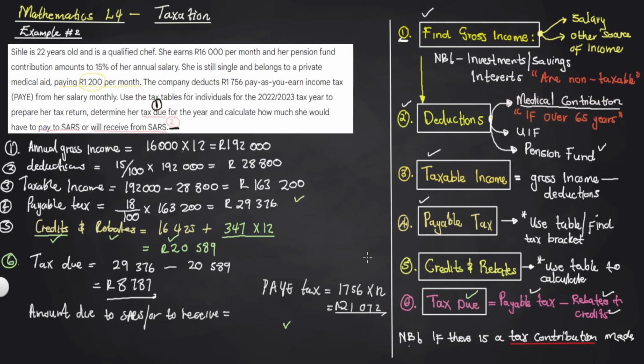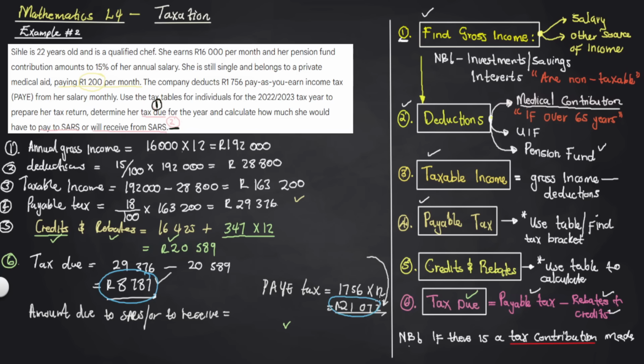So the tax she already paid is this much, through her company to SARS. Then SARS comes back and says, this is how much I want. The tax due is calculated. It's what SARS wants.